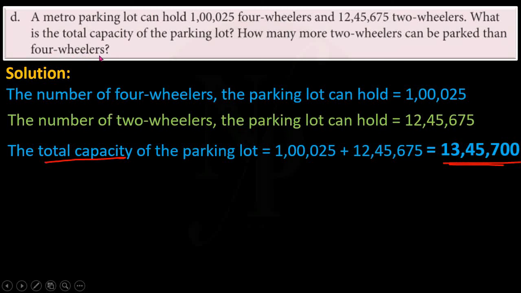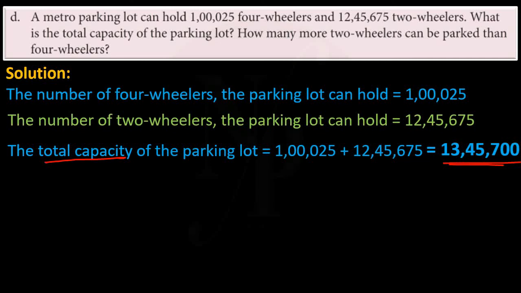Further, in the question, how many more two wheelers can be parked than four wheelers? So how should we find that? To find the number of more two wheelers that can be parked than four wheelers, we have to subtract the given two numbers. That is, on subtracting 1,25,000 from 12,45,675, we will get the more number of two wheelers that can be parked than four wheelers.